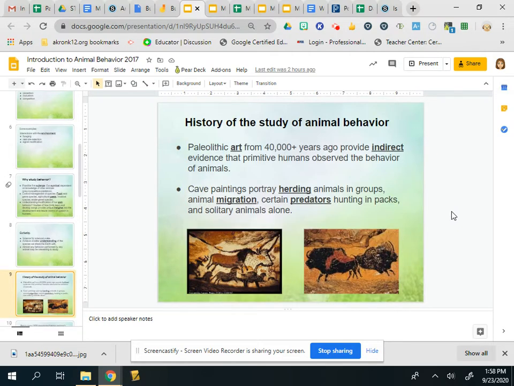So this is showing you the history of animal behavior. Paleolithic art drawn on cave walls from about 40,000 years ago. This is indirect evidence that maybe our primitive human ancestors were really observing animal behavior. This is showing herding animals, migration patterns, different predators. So it's definitely indicative that our ancestors were paying attention.